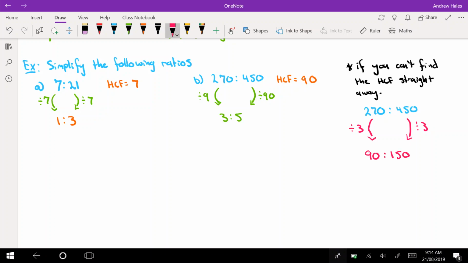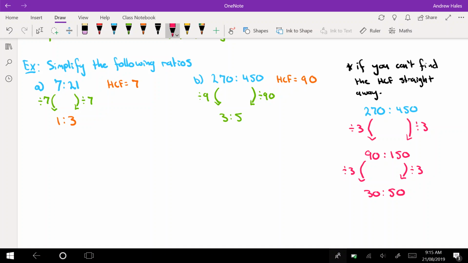Right? Okay, and then you go, oh, wait a minute. Well, I can get 3 into that again. So let's take 3 out again. Divided by 3 again. 90 divided by 3, well, that gives me 30. 150 divided by 3, that is going to give me 50.